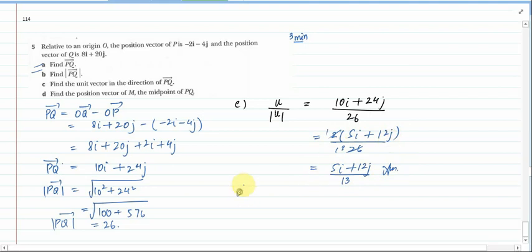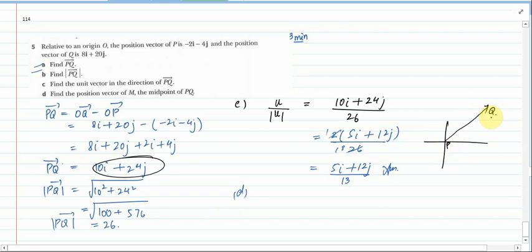After that, part B, find the position vector of M, the midpoint of PQ. Alright, so let's suppose the vector PQ. If I'm going to sketch it roughly, PQ is 10 and 24, so it's like this, PQ.